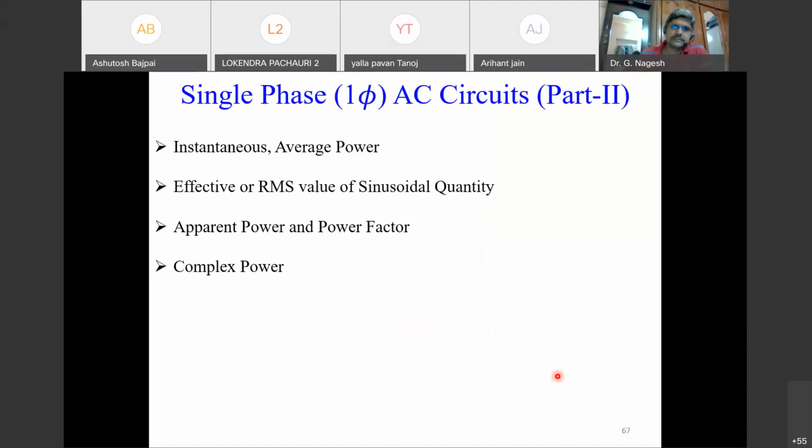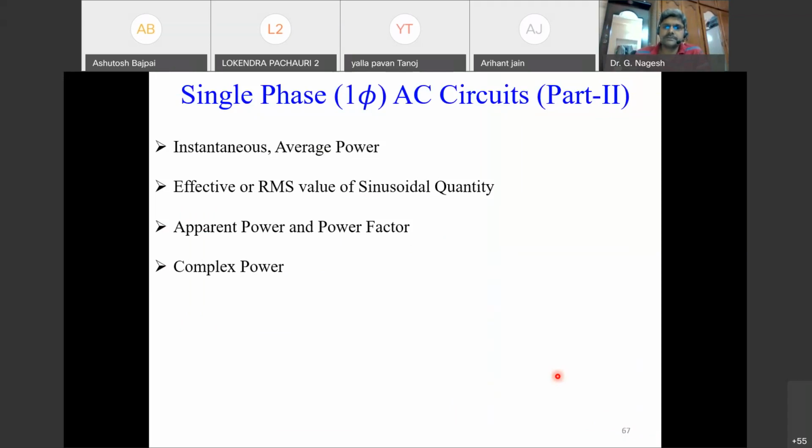So till now we have discussed part 1 for single phase AC circuits. Okay. What is called impedance, what is called a phasor. So methodologies which are almost the same as we have used for DC circuits, like nodal analysis, mesh analysis. Okay.